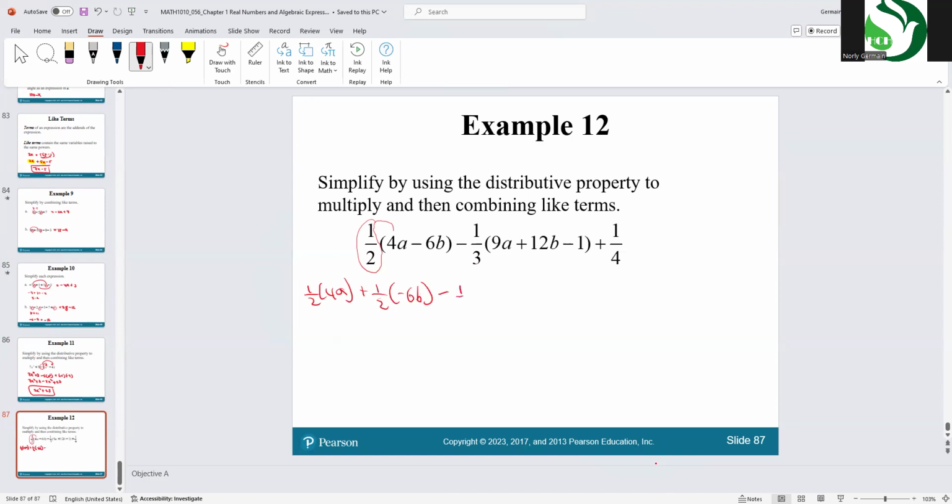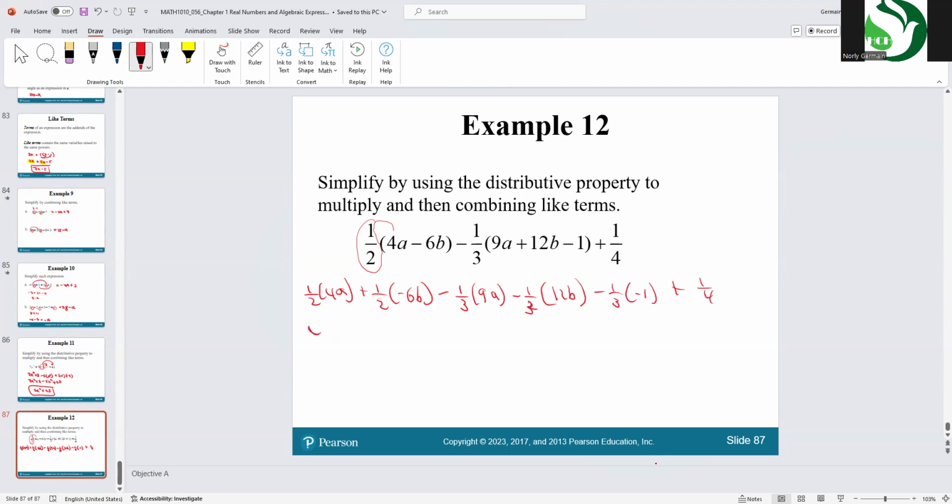We do negative 1/3 times 9a, negative 1/3 times 12b, negative 1/3 times negative 1, and we have 1/4 at the end. Remember, do not multiply the negative 1/3 with the 1/4 because the 1/4 is not inside of the parenthesis. Now, let's simplify.